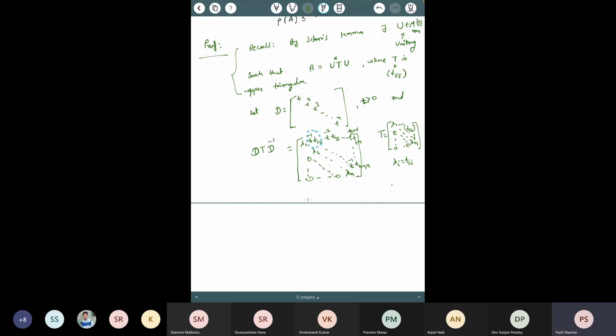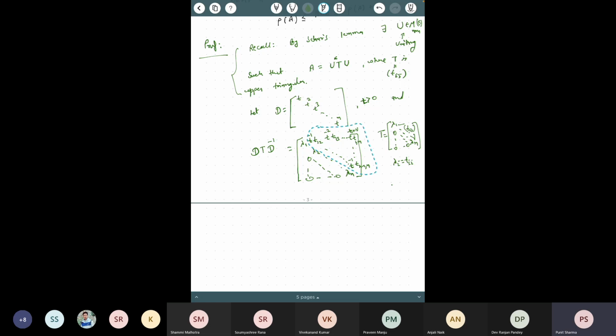So if I choose this t, and this D is defined using this t, where t is any positive real number, then if I choose t large enough, you can see that the sum of these entries can be made arbitrarily small. Now this will give us a way to define the matrix norm which we want here.